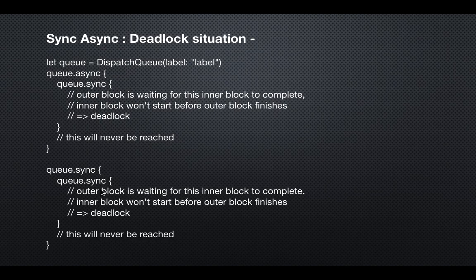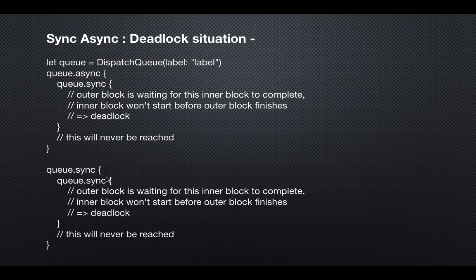Similarly, if you do synchronous inside synchronous, then it will also create a deadlock situation. It is again the same situation: this block is waiting for this block, this block is waiting for this block, and we will never reach our next lines, and it will be stuck here forever.